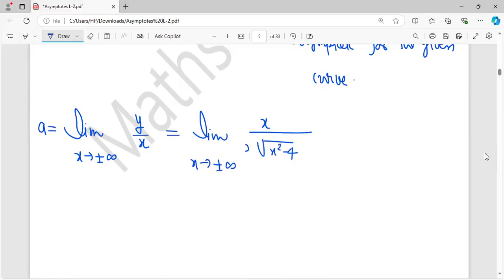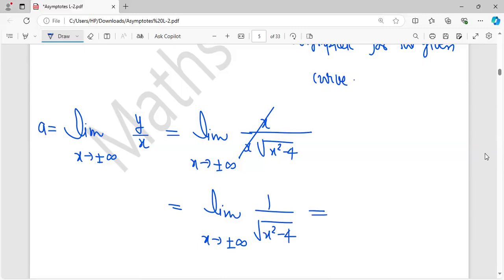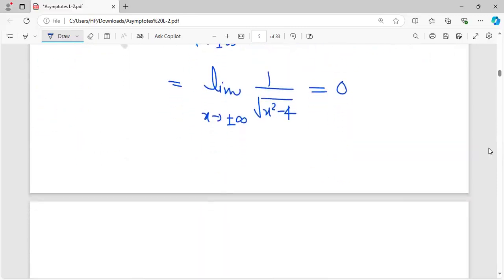But x is in the denominator, so write x. So this will be cancelled out. Limit 1 upon under root x² − 4. This is 0. So this limit exists.